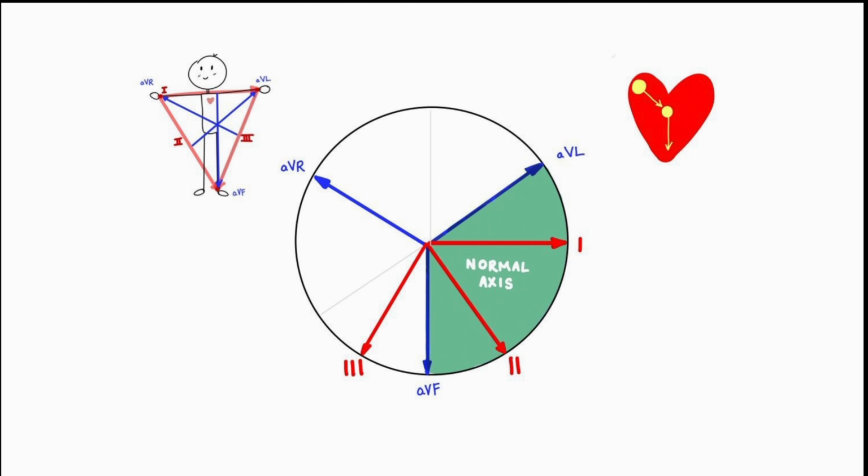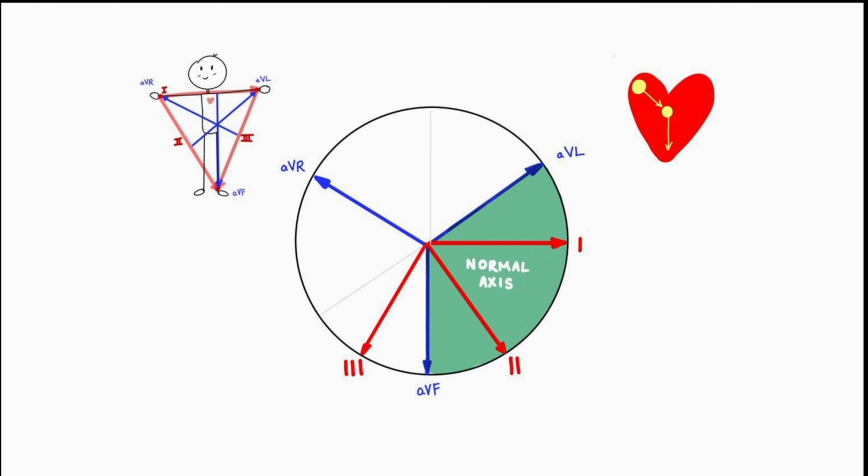So what would the normal axis be? Well, if we think back to our electrophysiology that we revised at the beginning, most of that electrical conduction we would expect to be coming from the top right in that atrium down towards the bottom left. So again, on this circle, we are expecting it somewhere between that minus 30 and 90, and indeed that's how we define normal axis.